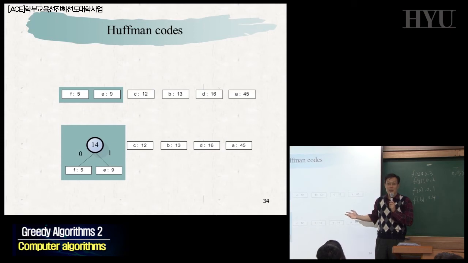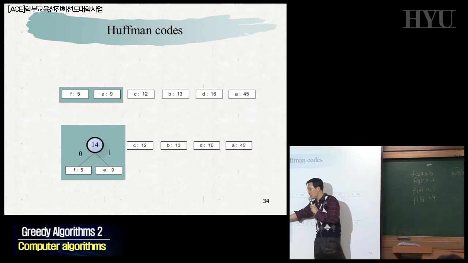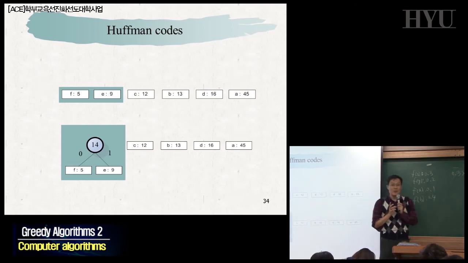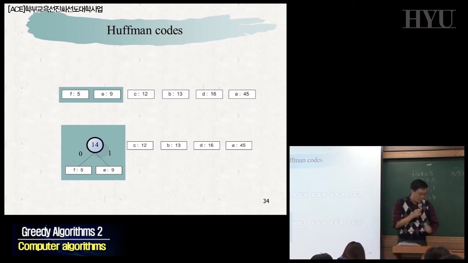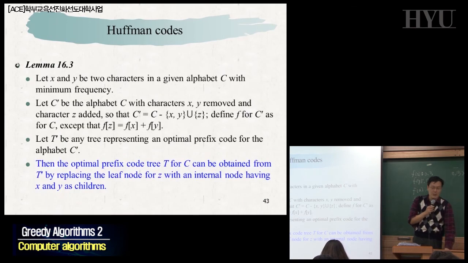Okay? And then after solving this problem, we replace this leaf by this subtree. That's what we did. So if we prove this lemma, then the Huffman code algorithm is justified.